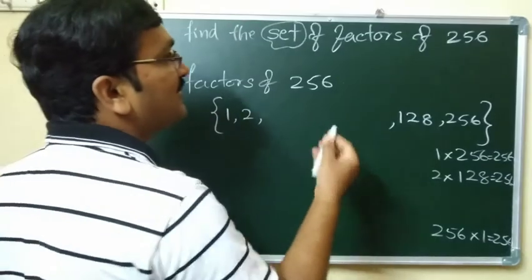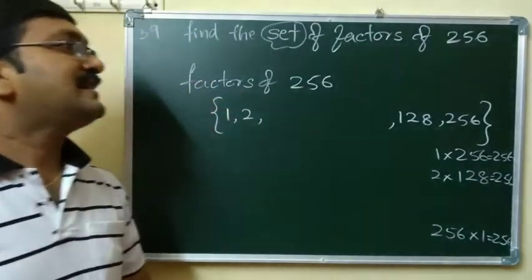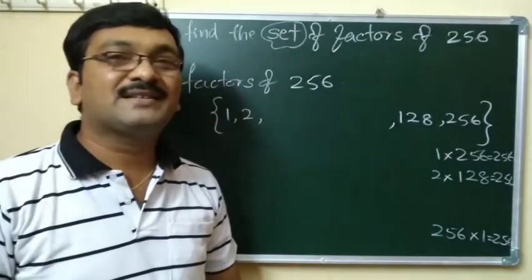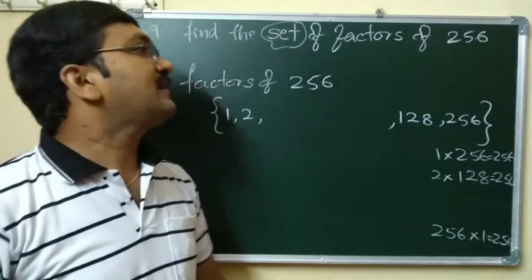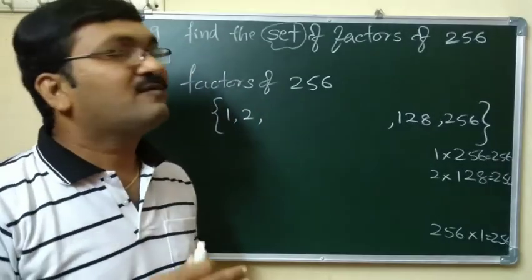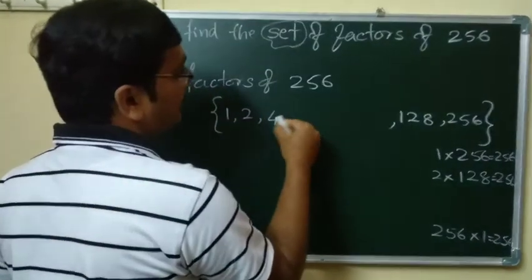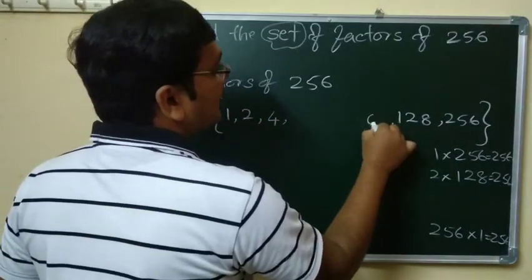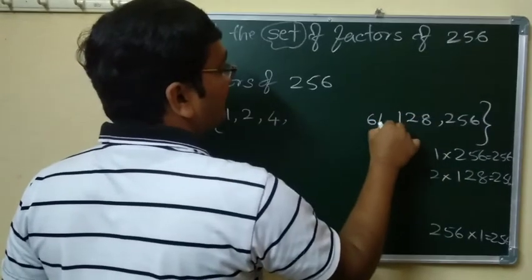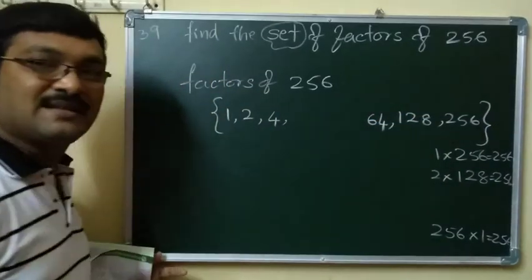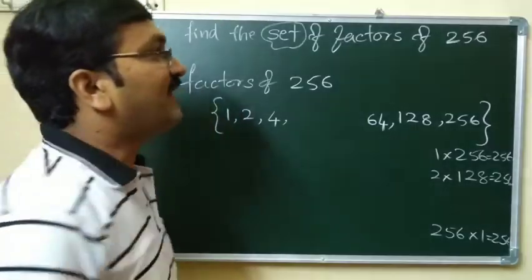Next 3 table, is it possible? 3 8 is 24, 1 remains 16, not possible. 4 table: 4 6 is 24, 1 remains 16, so 4 is possible. See 4, 4 4 is 16.